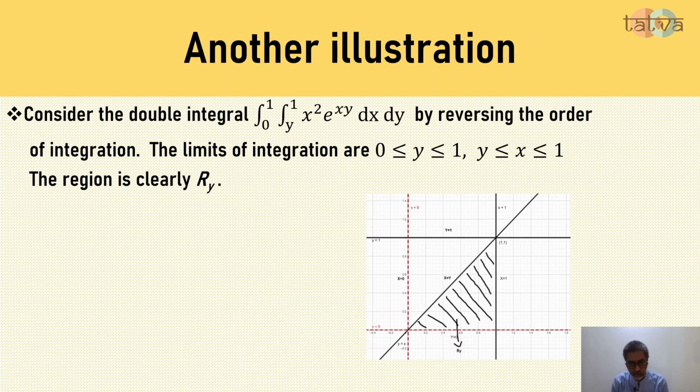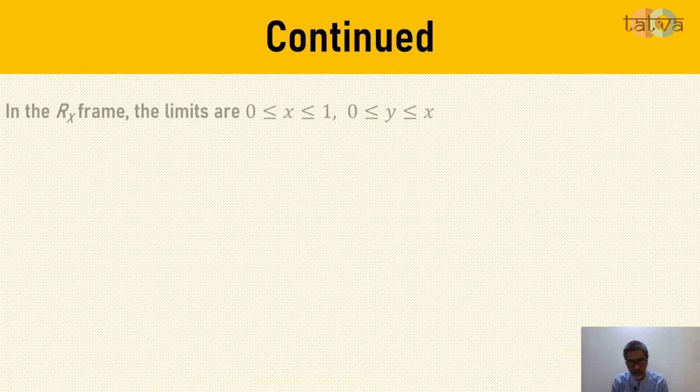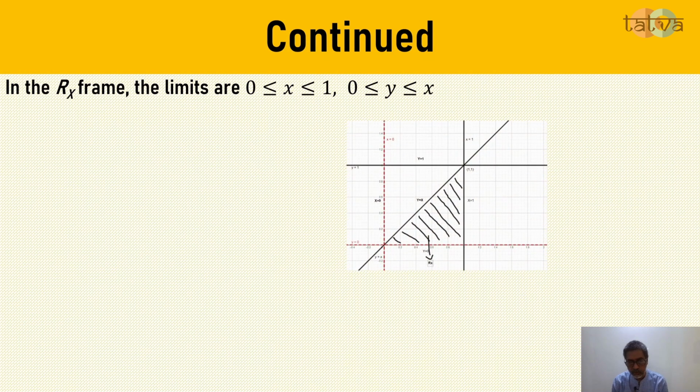Now let us try to convert this Ry region into an Rx region. Let us come through the graphic and then understand the limits. This lower triangular region should now be described between vertical lines.